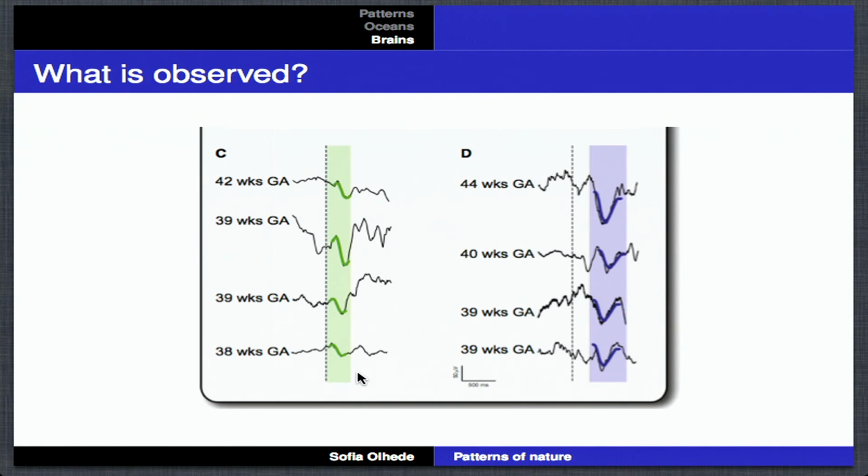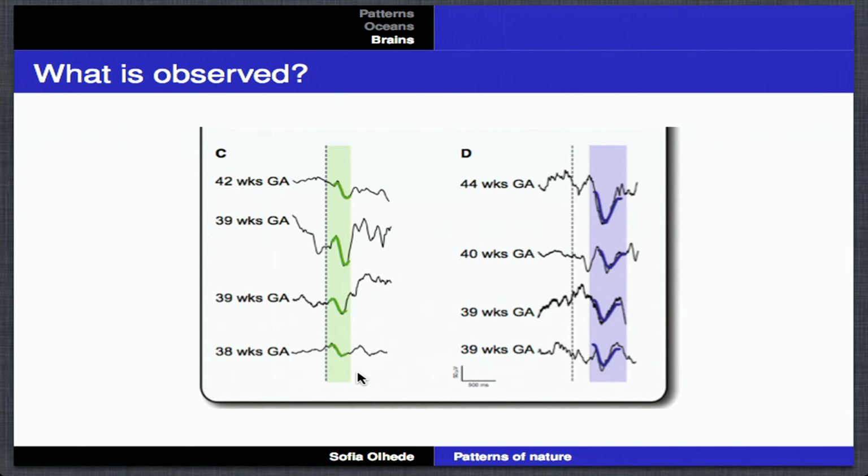And what are we actually observing? Well, we're trying to characterize how infants respond when they're getting tactile stimulation, e.g. being touched, and when they're getting noxious stimulation, i.e. they're getting painfully stimulated. And we're trying to identify the types of temporal patterns. We're trying to identify if we're getting similar responses or if the responses change depending on the age of the actual infant we're recording.